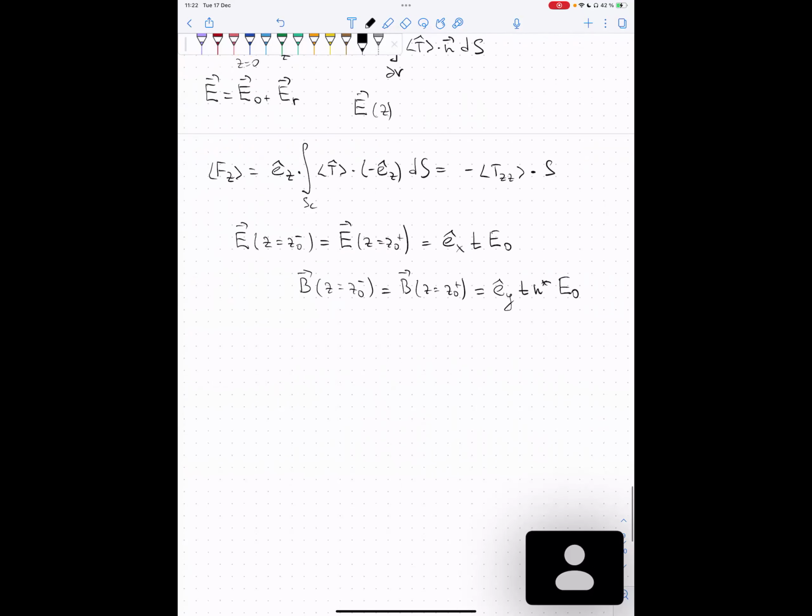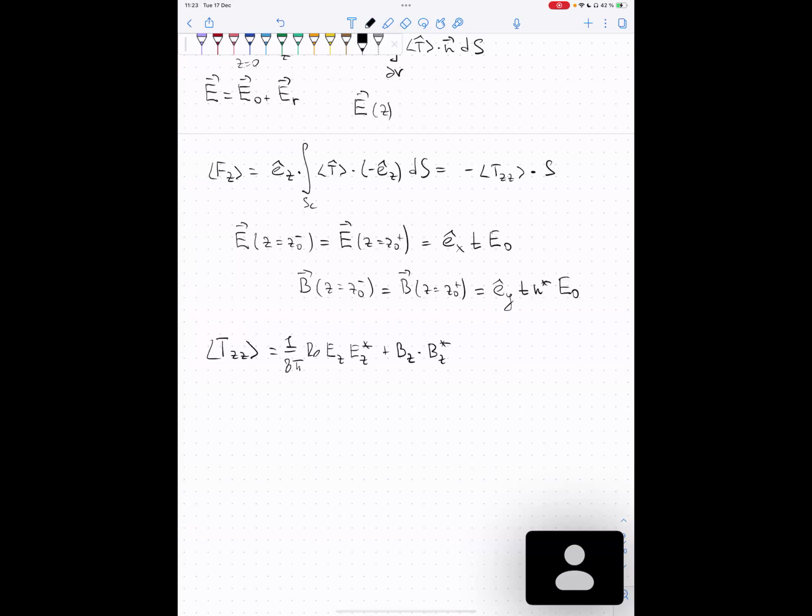So Tzz will be equal to 1 over 4 pi, Ez multiplied by Ez, 1 over 8 pi, because it's a time average, Ez multiplied by Ez conjugated plus Bz multiplied by Bz conjugated.